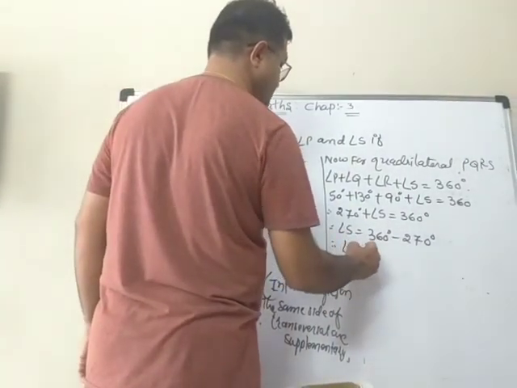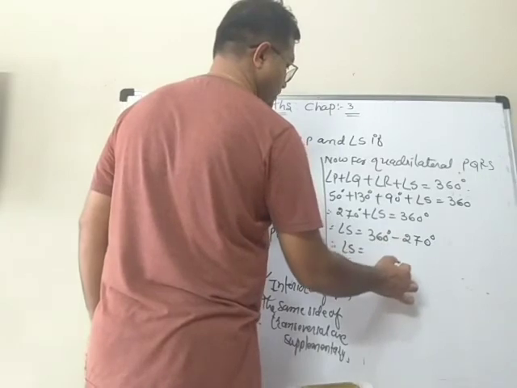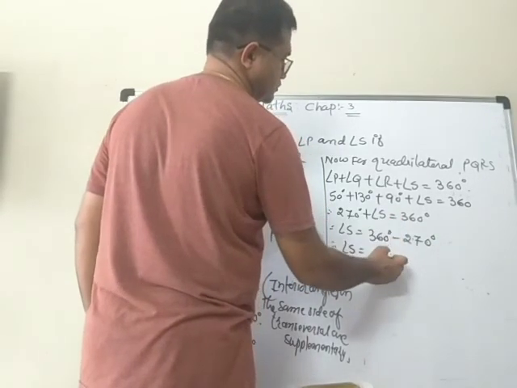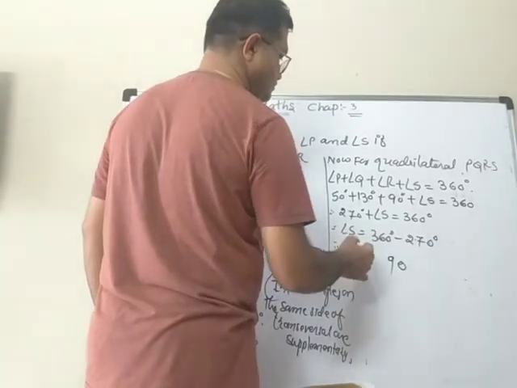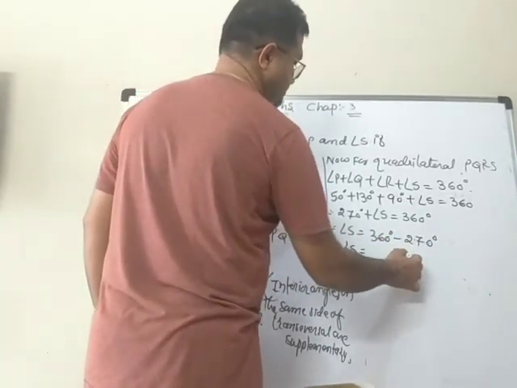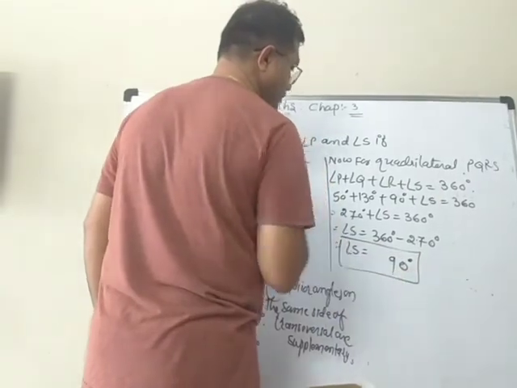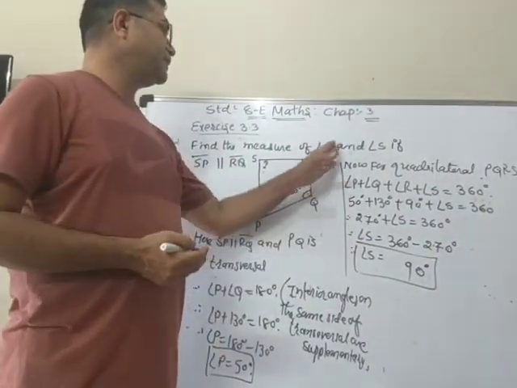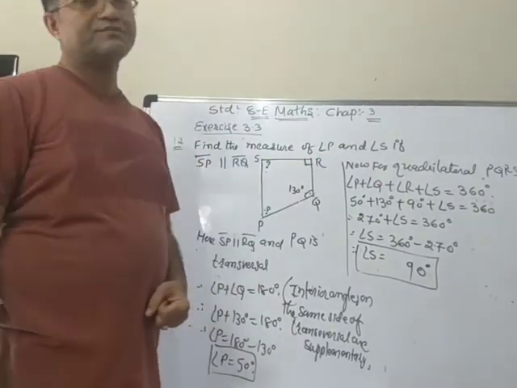So angle S is equal to 90 degree. Thus we find the angle P and angle S.